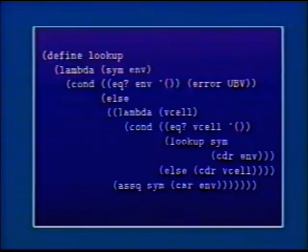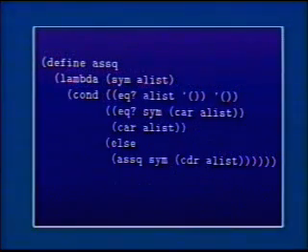Finally, ASSQ is something you probably have seen already. ASSQ takes a symbol and a list of pairs. And if the list is empty, it's empty. If the symbol is the first thing in the list, that's an error. That should be CAAR, C-A-A-R. Everybody note that.